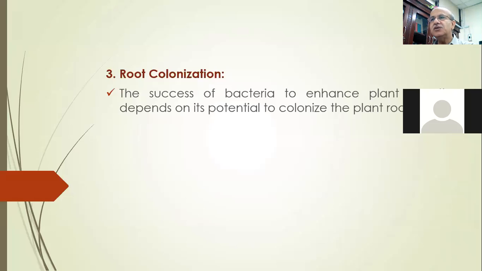So the success of bacteria to enhance plant growth depends on its potential to colonize the plant roots. Those that can better colonize the plant roots can improve the plant growth better, and those that cannot colonize the roots cannot affect the plant growth to that extent.